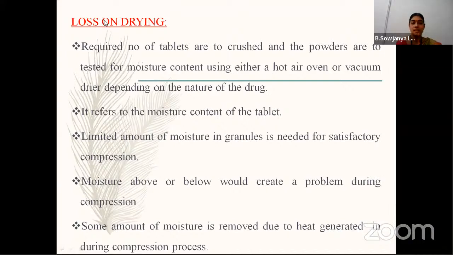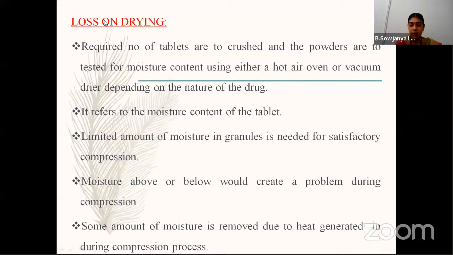Loss on drying is completely the moisture content present in the tablet. It creates a problem during the compression process if there is an excess amount of moisture in the granules. Clumsy and improper tablet formation is observed if the moisture content is above or below the required level. Some moisture is removed due to heat generated during compression of a tablet.